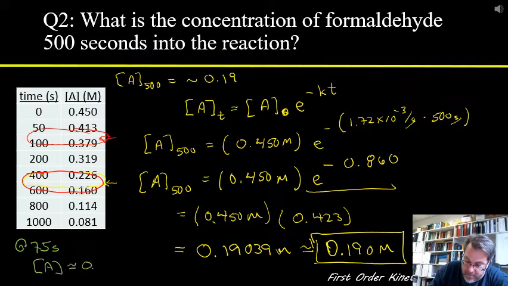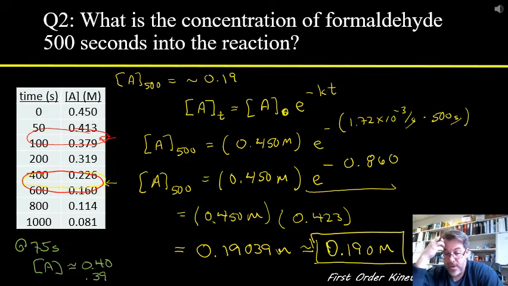Concentration should be somewhere around 0.40, maybe 0.39. I don't know, something like that. But definitely somewhere between 0.413 and 0.379. So you can pick some values in there, try to calculate them, see if you get things that make sense. If you want, you could also just pick one that's in here.